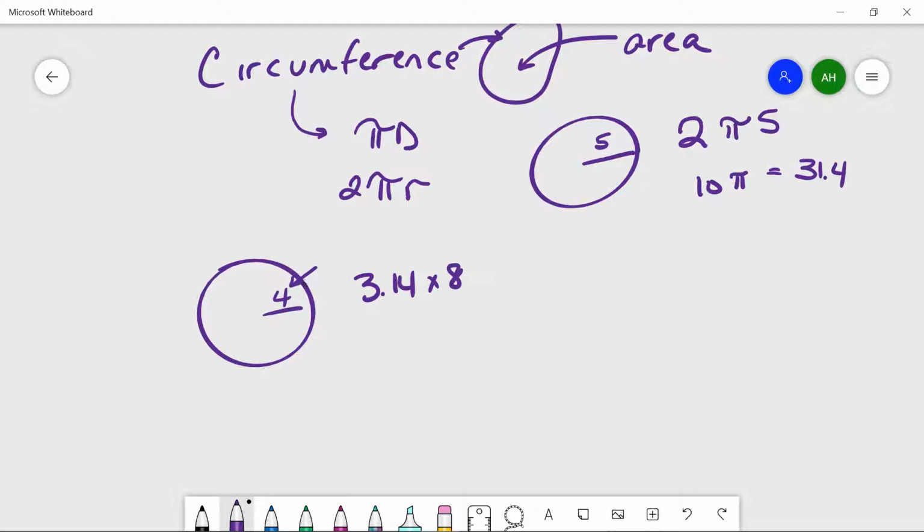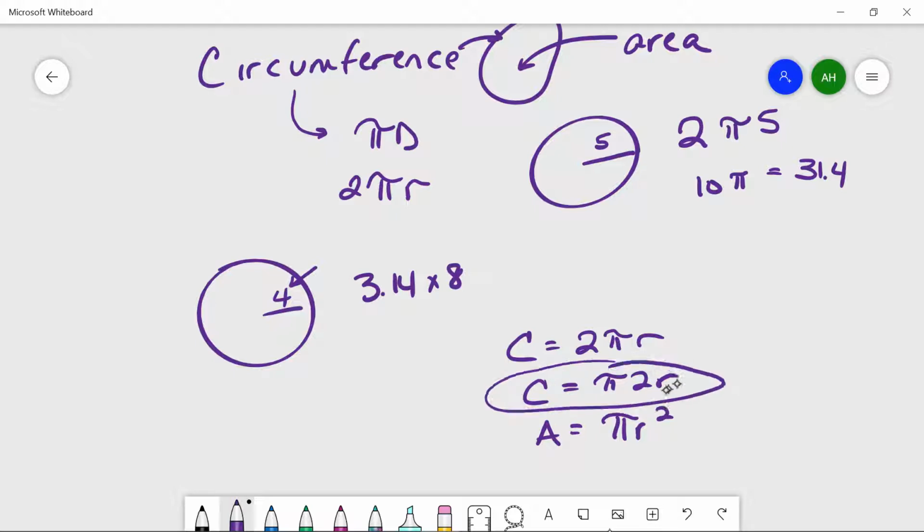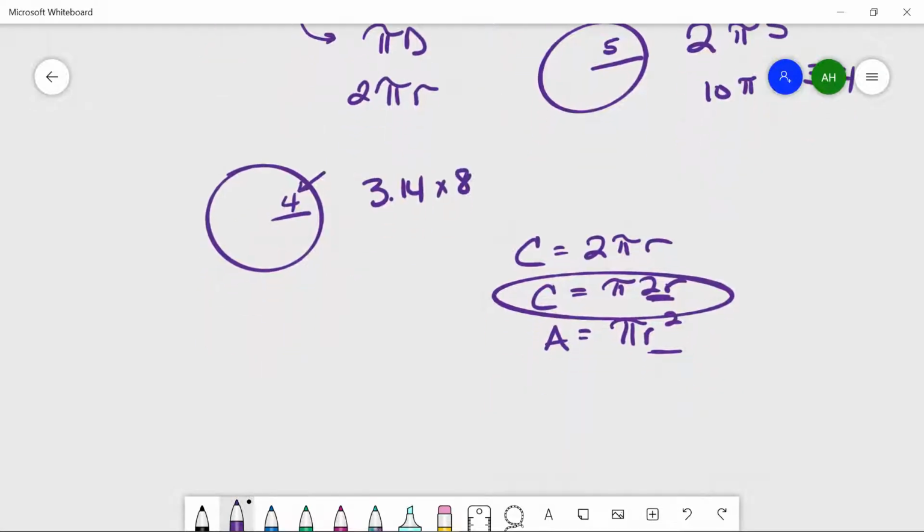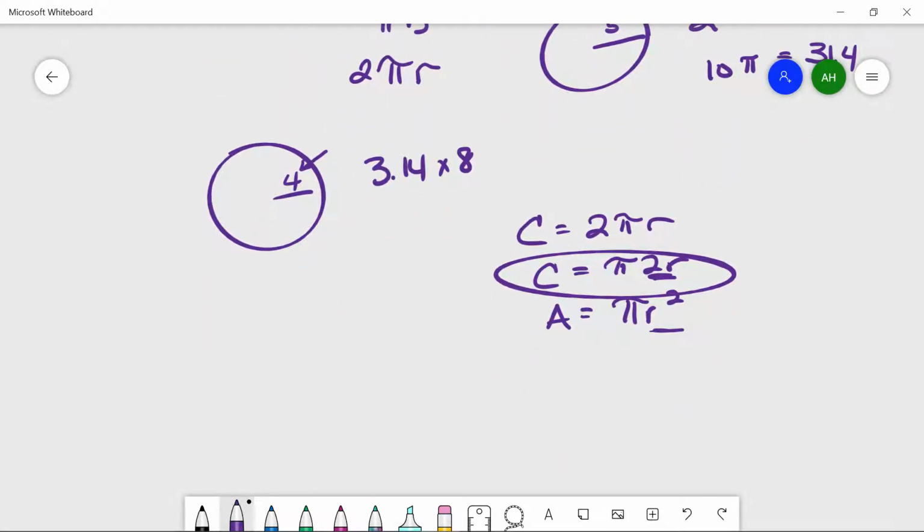So notice that with the circumference, we get 2 times pi times the radius, or you could look at it as circumference equals pi times 2 times the radius, where the area equals pi times the radius squared. Make sure with the circumference it's 2 times the radius, where the area is the radius squared. So there's going to be a difference there, right?